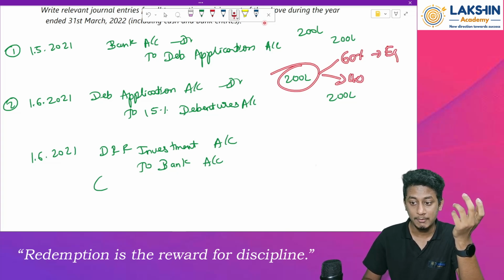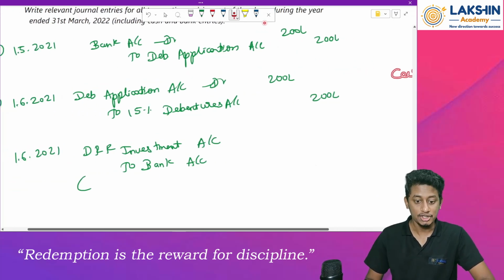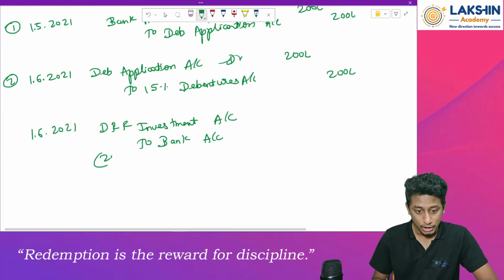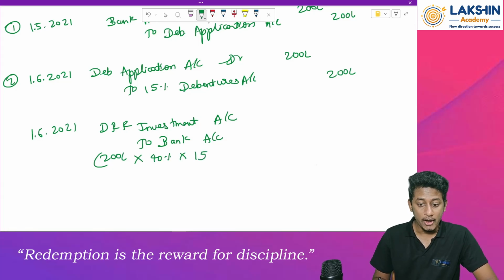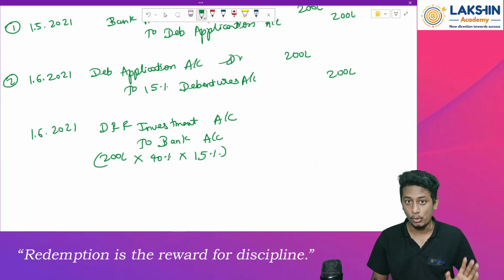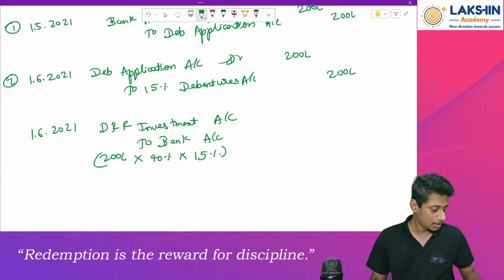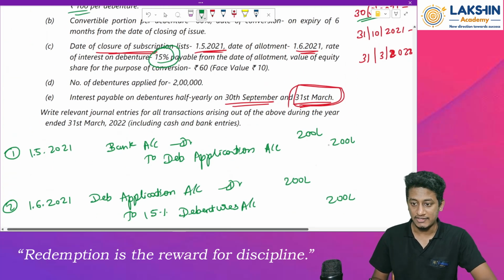Remaining 40% will be towards cash redemption. So 200 lakhs into 40% into 15% investment is required. Same 15% what we discussed before, right? So 40% portion will only be redeemed in cash. So 200 into 40% into 15%, that is 12 lakhs. Yes.